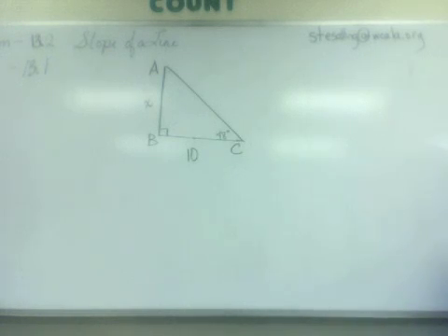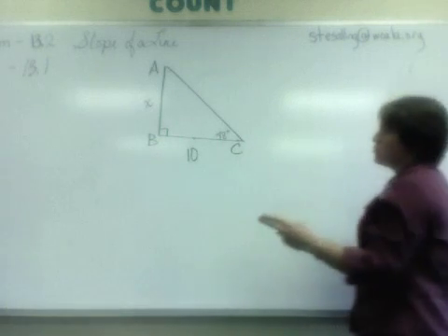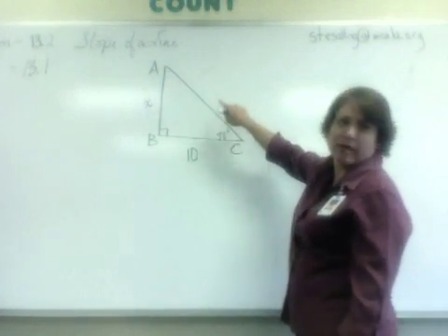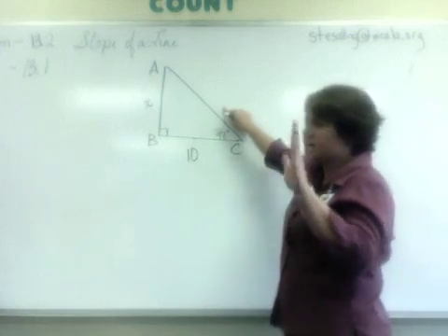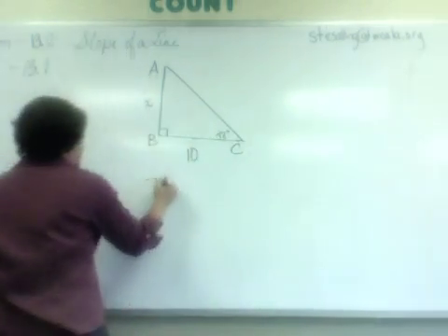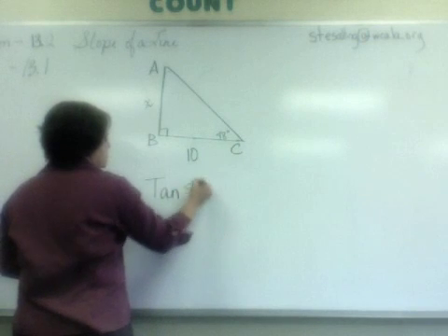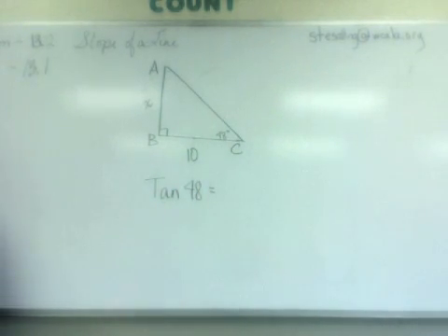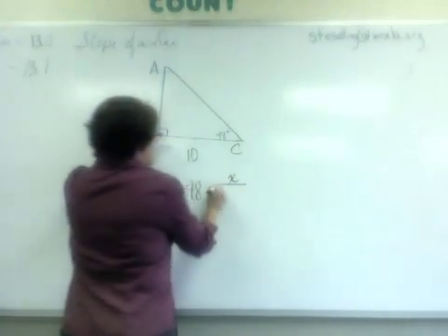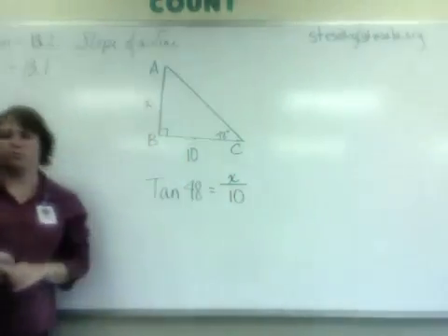No. Sine and cosine both deal with hypotenuse. If you don't know the hypotenuse and you're not looking for the hypotenuse, then you're not using sine or cosine. It's tangent. The tangent of 48 degrees is equal to the opposite leg, which is x, over the adjacent leg, which is 10.